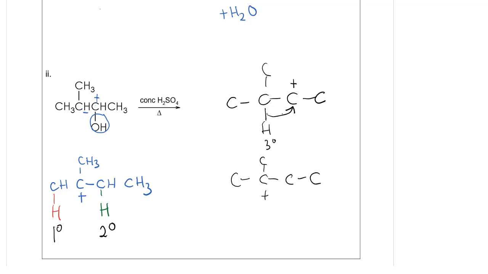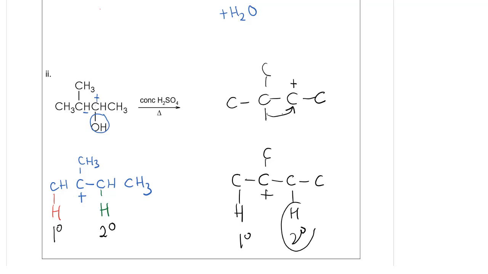When you have your carbocation, you need to think which hydrogen will be removed to form the major product. Basically, there are 3 carbons attached to this carbocation: primary, secondary. So this is secondary hydrogen, this is primary hydrogen. Removing secondary hydrogen will produce the major product.